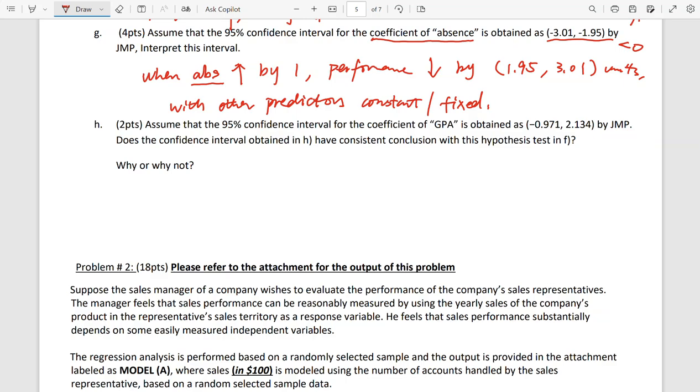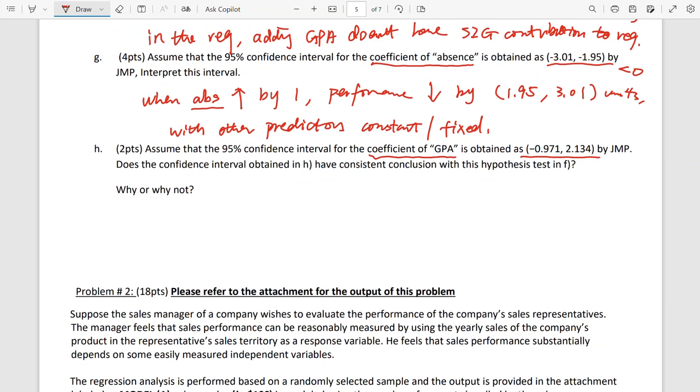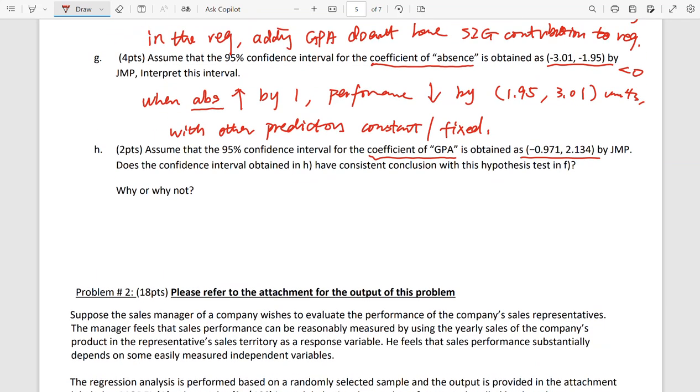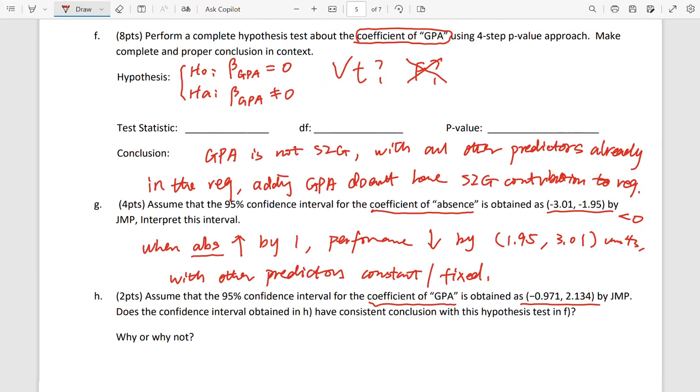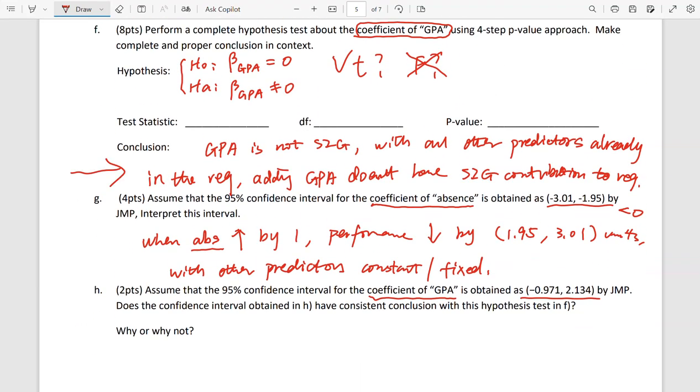Assume that the 95% confidence interval for the coefficient of GPA is obtained as this much. Again, this is about the coefficient for GPA. Does this interval have a consistent conclusion with the hypothesis test? What do you think? What is the conclusion in the hypothesis test? We say GPA is not significant.